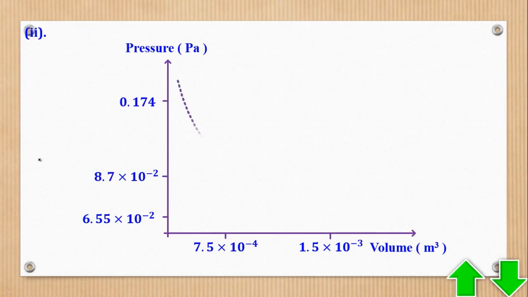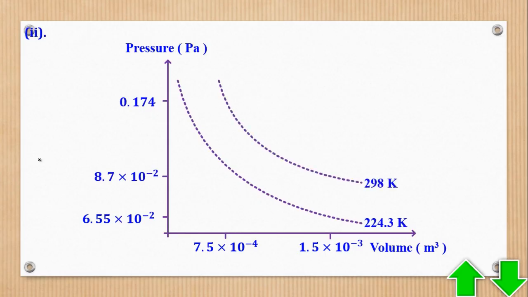Then draw 2 isothermals, one at the temperature of 224.3, another one at the temperature 298 Kelvin.